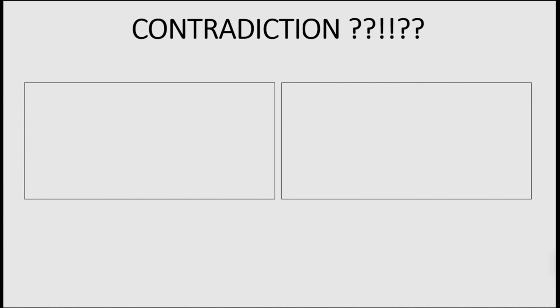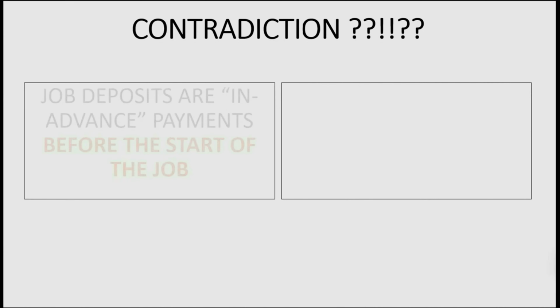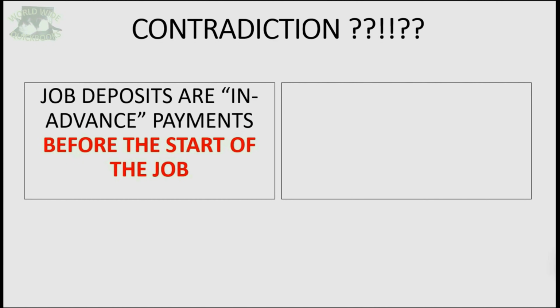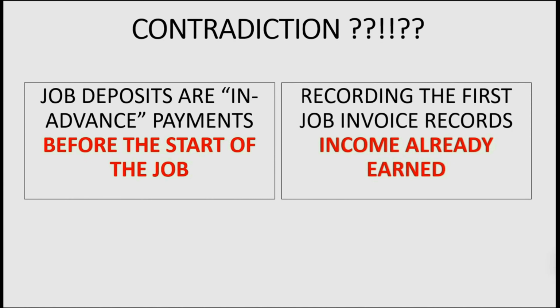Think about what the job deposit box does. You see, job deposits are supposed to be advance payments before the job starts. However, when you record an invoice, QuickBooks Online will record the entire job's income as already earned.